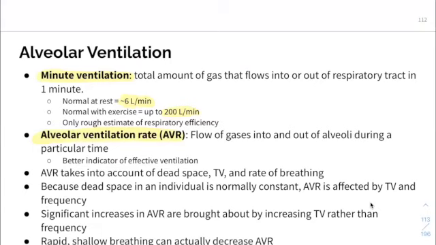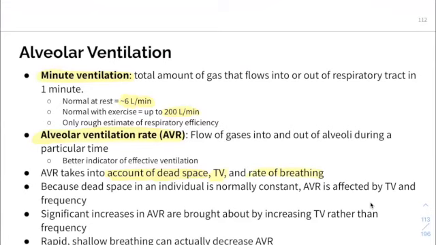So that alveolar ventilation rate is going to take into account all that dead space we have in our lungs, tidal volume, and the rate of breathing. Our dead space doesn't change.